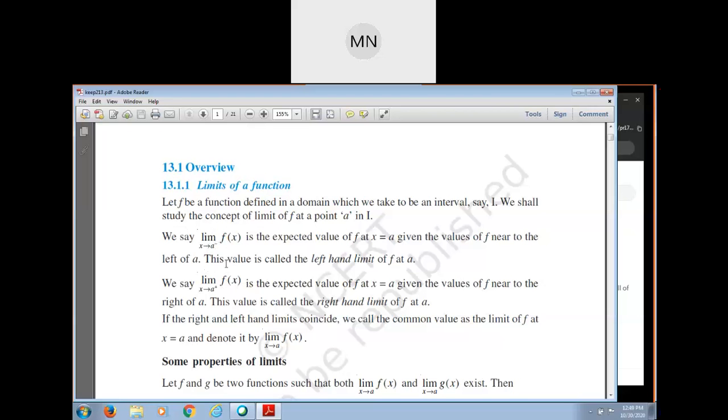If both are equal, then this common value is called the limit of that particular function f. Okay? Do you understand? Okay, then I think all of you understand this topic.